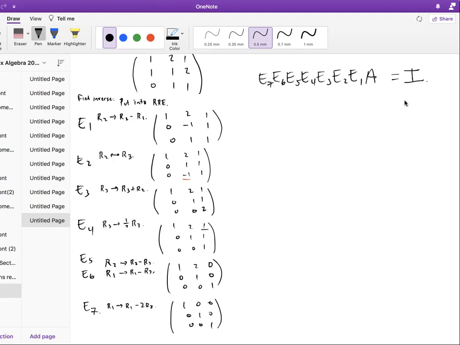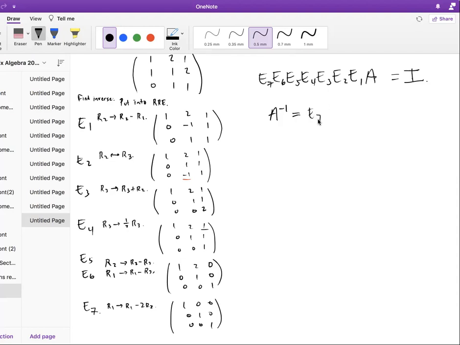So what is the inverse of A? It's all that stuff, right?